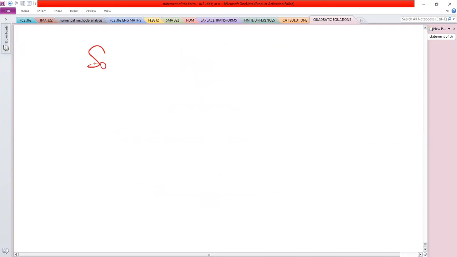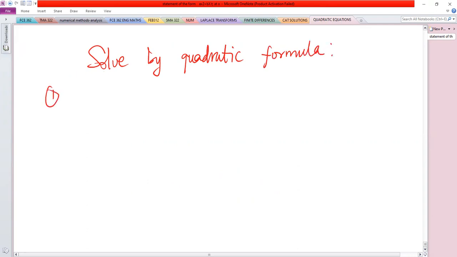Solve by quadratic formula. Problem 1: 8x squared minus 10x minus 3 equals 0.